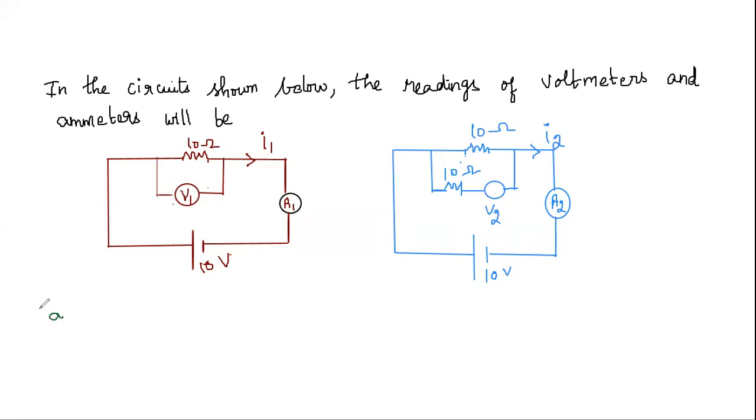Option A, V1 equal to V2, and I1 greater than I2. Option B, V1 equal to V2, and I1 equal to I2.